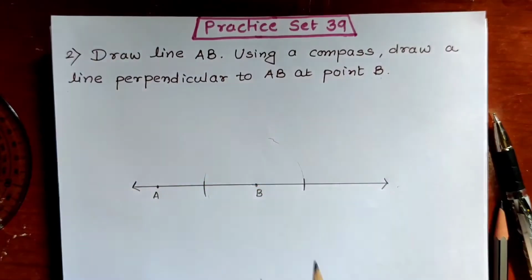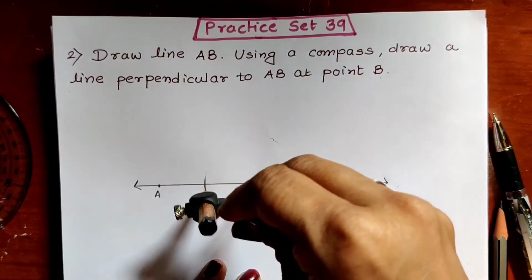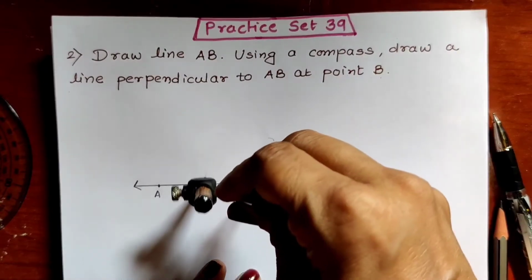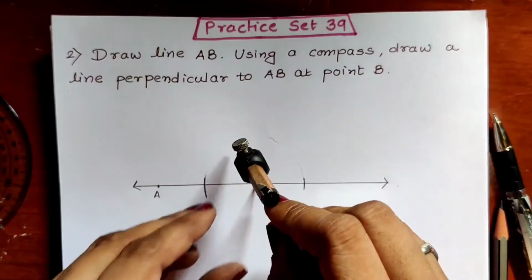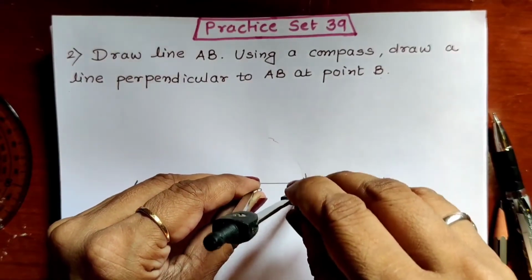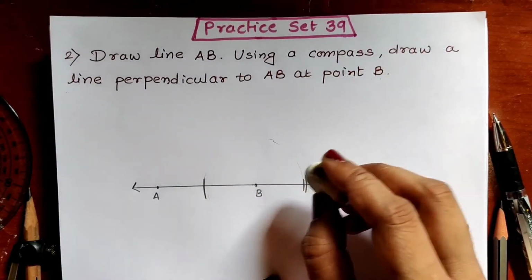Are you understanding? We are going to place this tip on point B, and draw an arc on the left side as well as on the right side. Okay, right side. See that it should be done carefully.